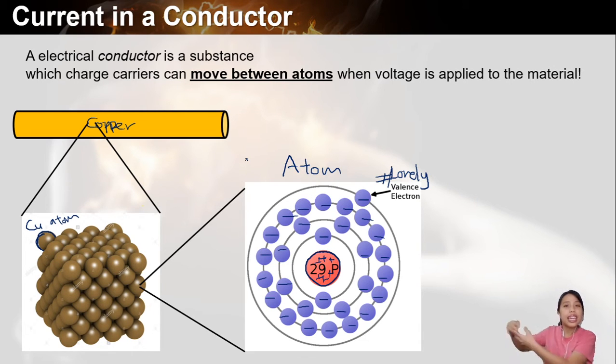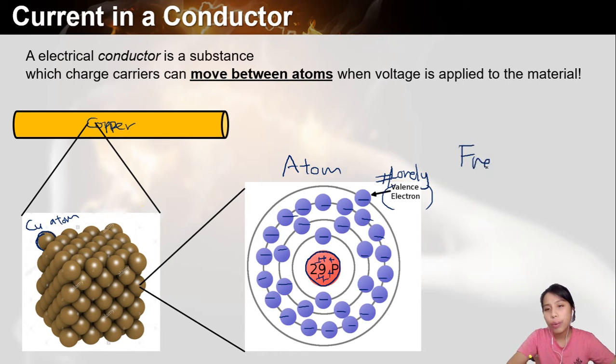Sometimes people will snatch it away. Sometimes it gets donated to some other family. So this poor lonely electron on the outer shell often gets lost from the family of the atom. It's also kind of good because they are very free-spirited. These are also what we call free electrons.